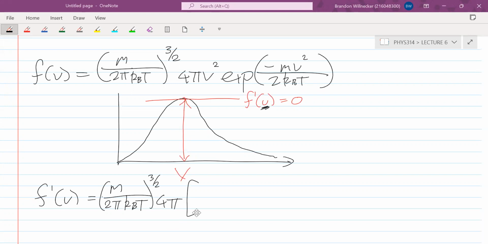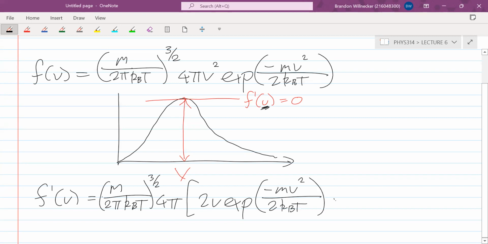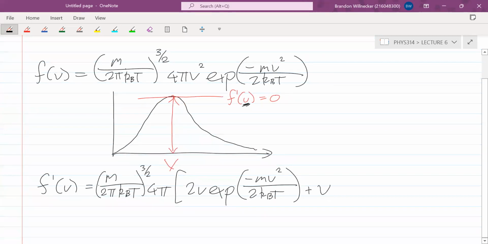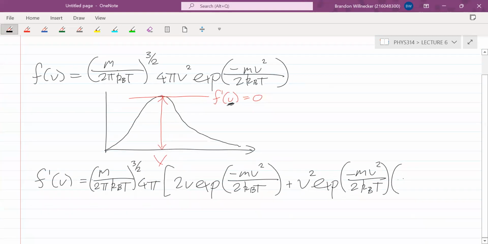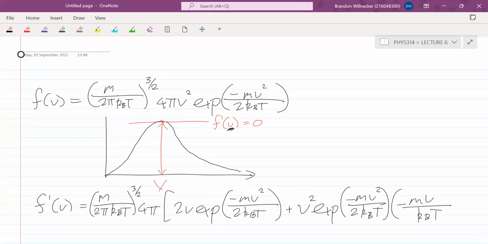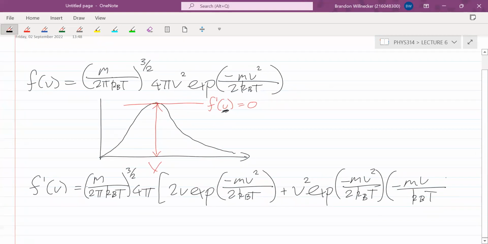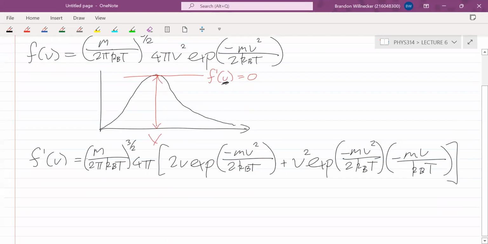Okay, so differentiating v squared is going to be 2v, and then we have the exponential of minus mv squared over 2 kBT, plus v squared times the exponential of minus mv squared over 2 kBT, times minus mv over 2 kBT. Sorry, the 2 goes away, so minus mv over kBT. And close the square brackets.